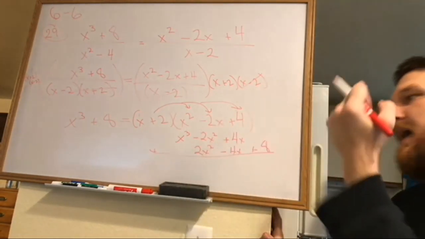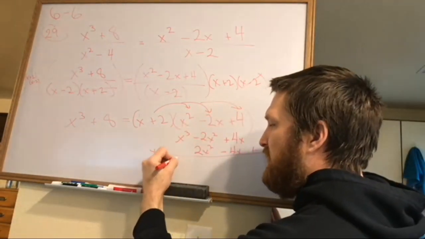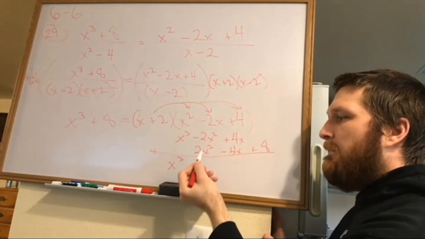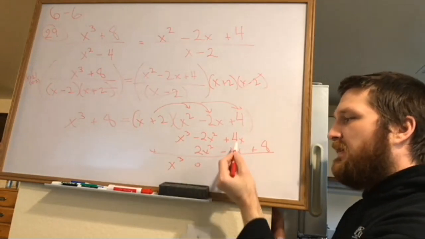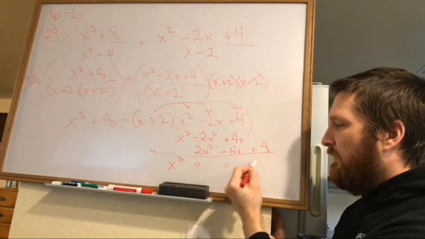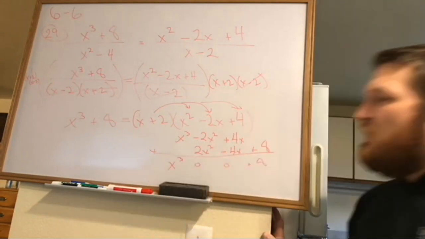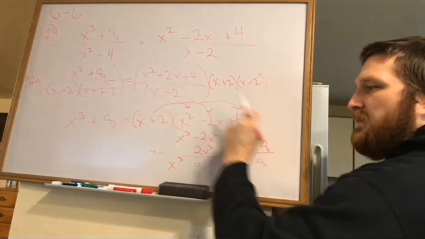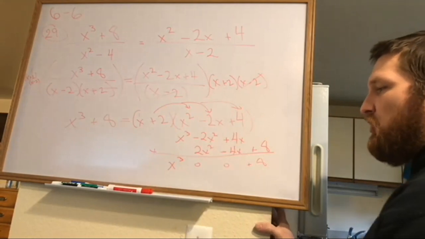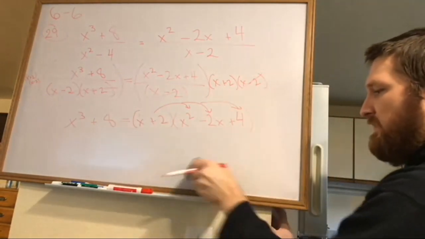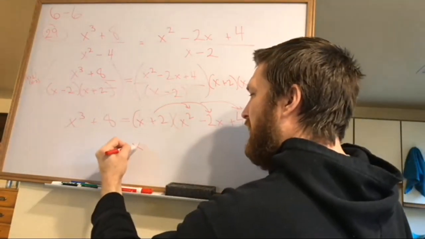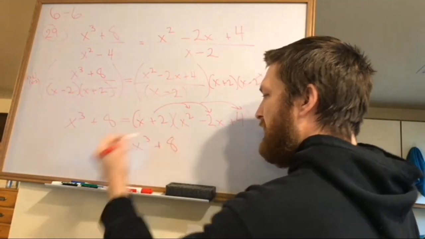I'm going to say x cubed plus nothing is just x cubed. The plus and the minus is gone. The plus and the minus is gone, and I'm left with a plus 8. So all of this then works out to x cubed plus 8. I say, okay, that equals x cubed plus 8.